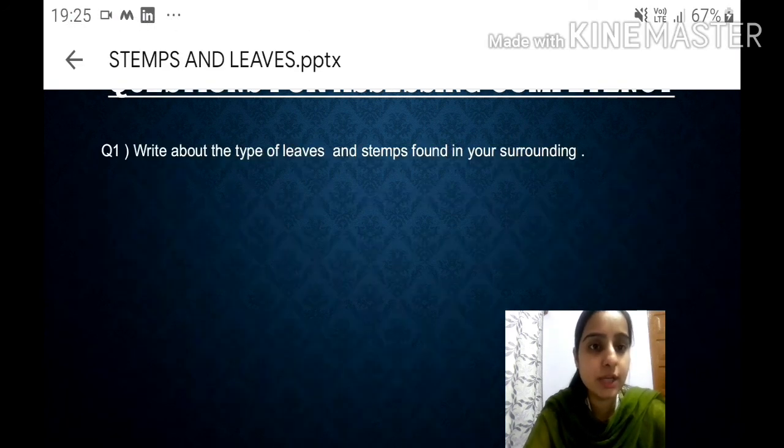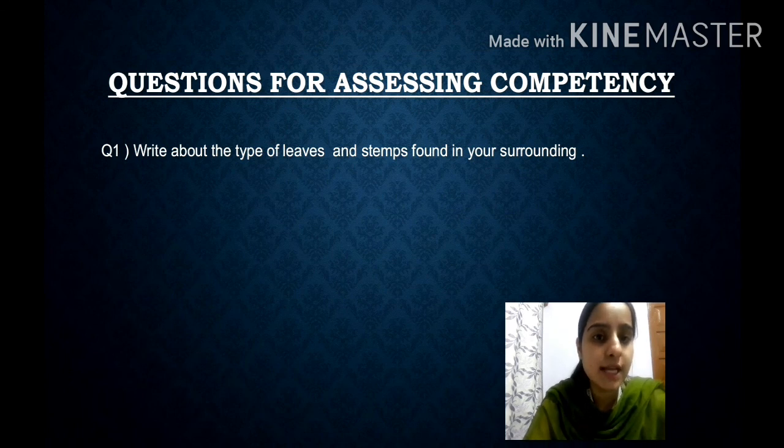Before concluding the class, let's see the question. Write about the type of leaves and stems found in your surroundings. Now children, we have studied the stems and leaves, right? Now, the leaves and stems which you can see in your surroundings, you can write about them in your copy. Okay?